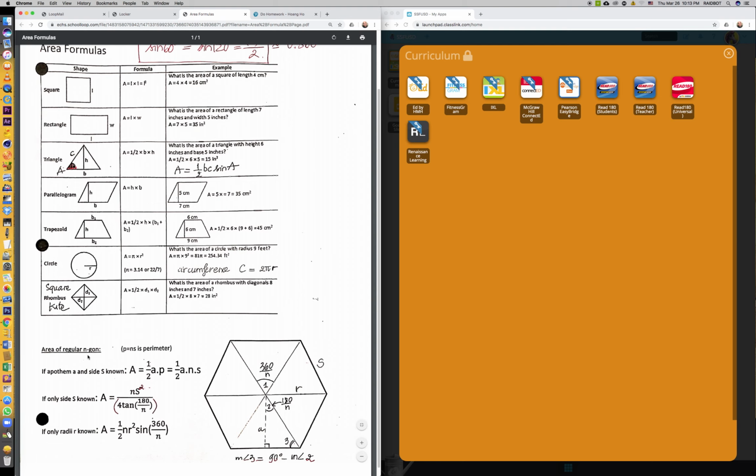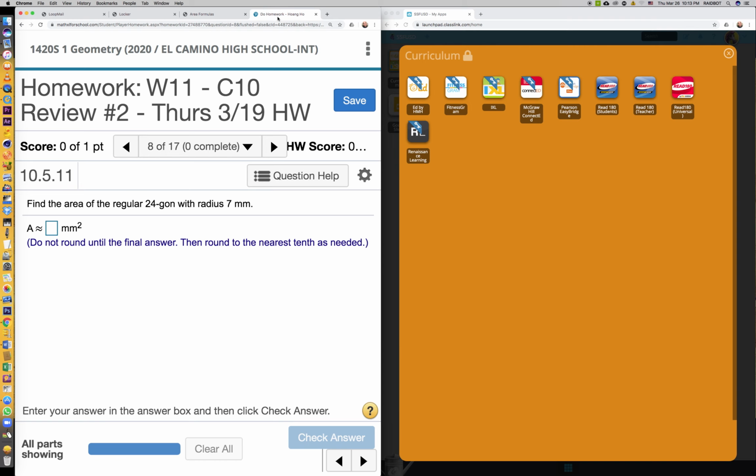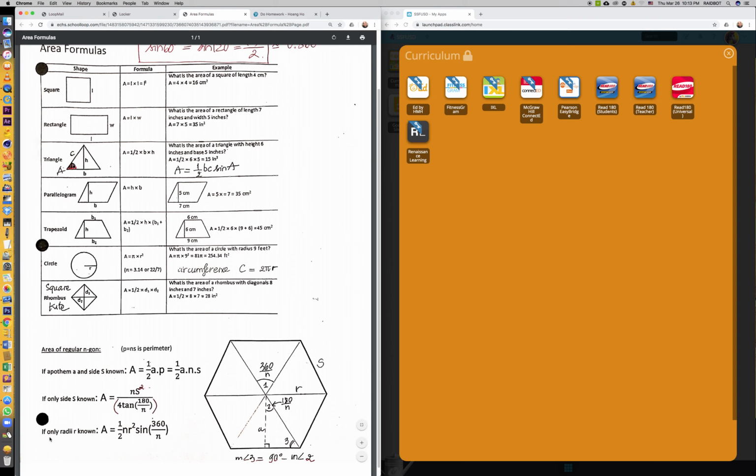And for a regular n-gon, you got 3 formulas right here. Let's go back to the problem. They only give you the radius, so you would use the last formula over here. If you only know the radius, then you got this formula.